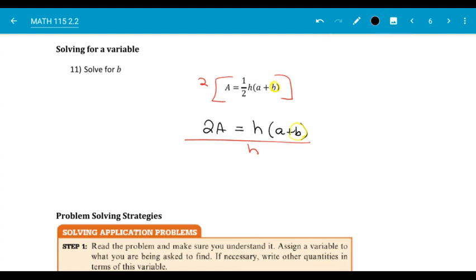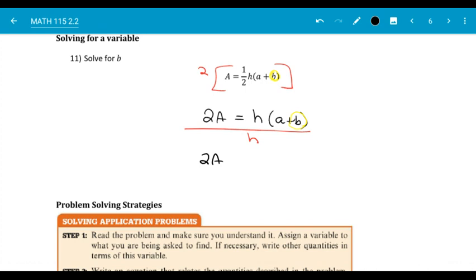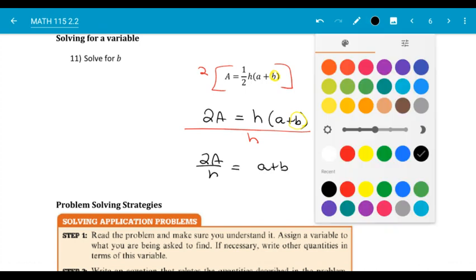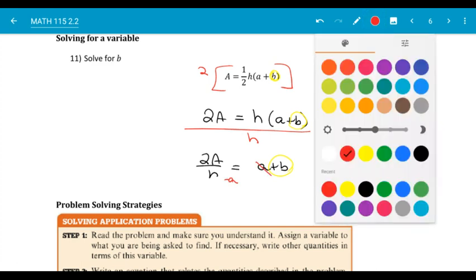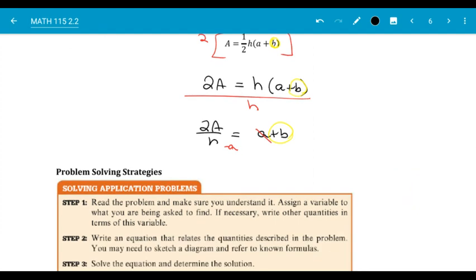After we divide by h, we would have 2a over h equals a plus b. We're trying to get that b by itself, so we could subtract a from both sides. So our fraction is 2a over h, and from that fraction we're subtracting a. That would be our b value, and we are done. So 2a over h minus a would be the b.